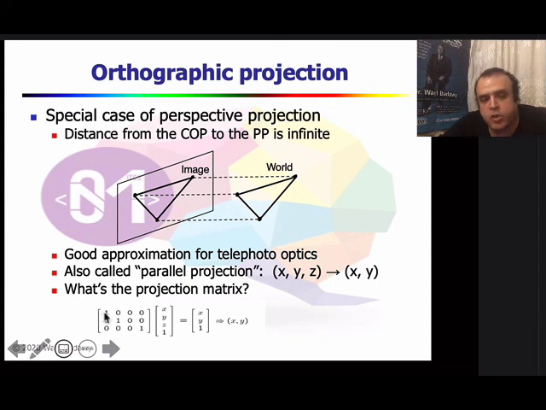The projection matrix is 1, 0, 0, 0, 1, 0, 0, 0, and the fourth column will be equal to 0, 0, 1. And we multiply it by x, y, z, and 1. And then this will lead to x, y, and 1, which gives the values of x, y.